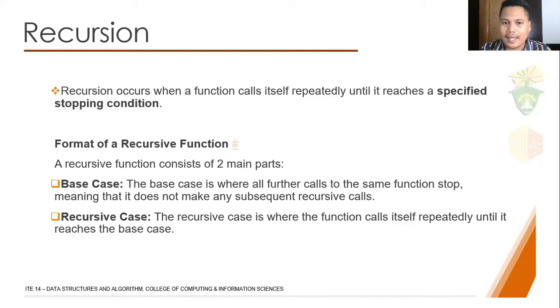And I also said that other functions will only be invoked or executed if they are called by your main function. So for recursion, given that idea, a function can actually call itself.